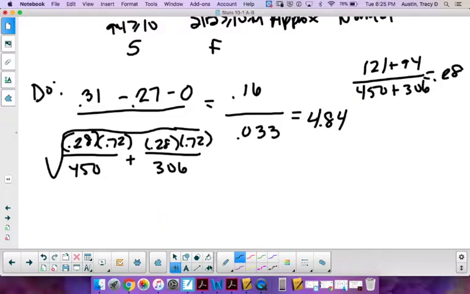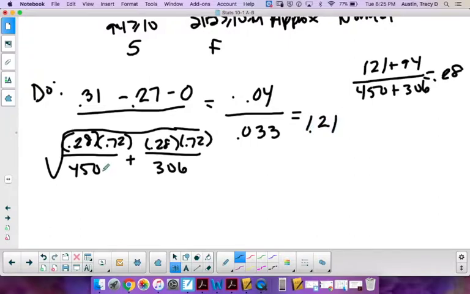Oops. That's not 0.16. Silly me. That's 0.04. That's why that was so big. That would definitely make a difference. Okay, that makes much more sense.